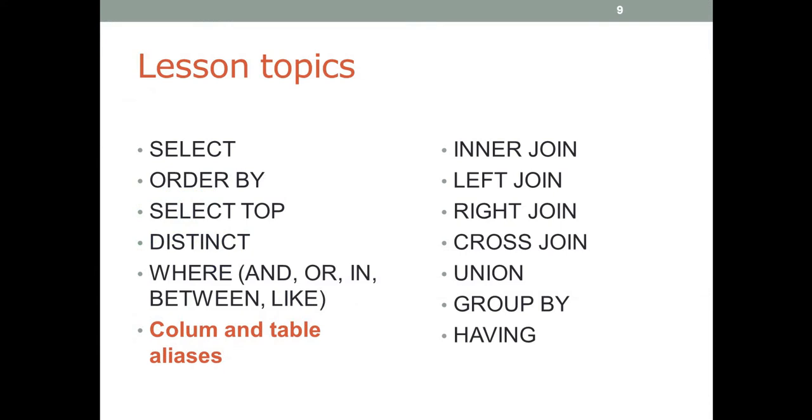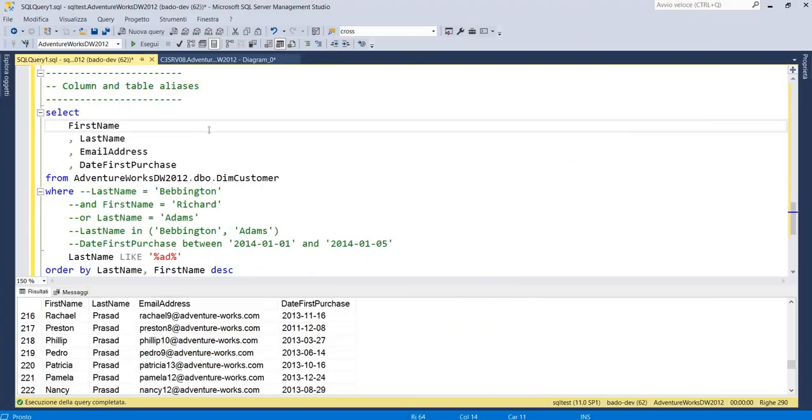Let's learn also the column and table aliases. When we write our select statement, we can assign to every field a new name. For example, we can say that this must become the customer first name, and this must become the customer last name.